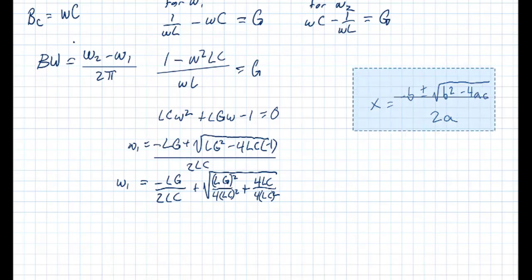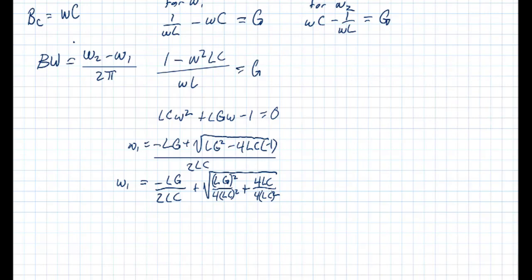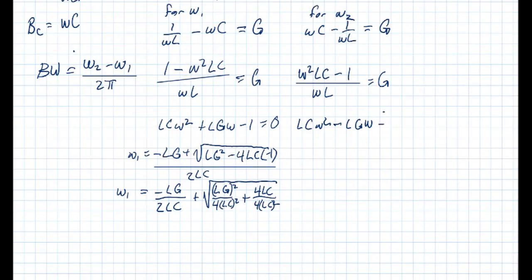Now let's do the same thing for omega 2. Omega squared LC minus 1 over omega L equals G. Expanding that, we get LC omega squared minus LG omega minus 1 equals 0.